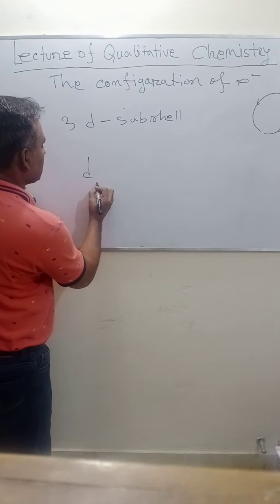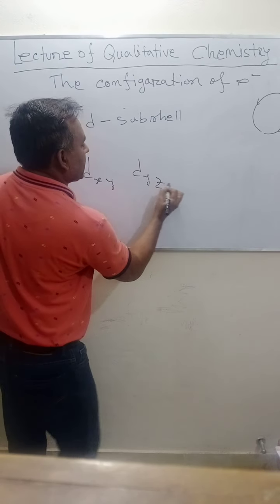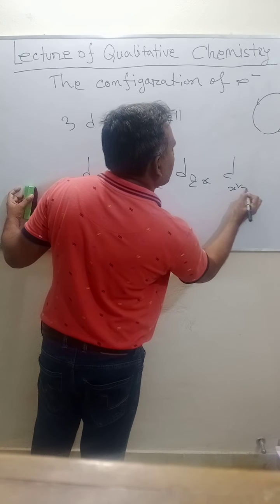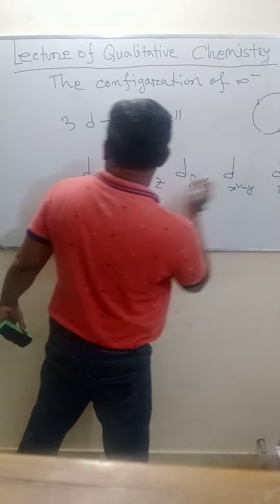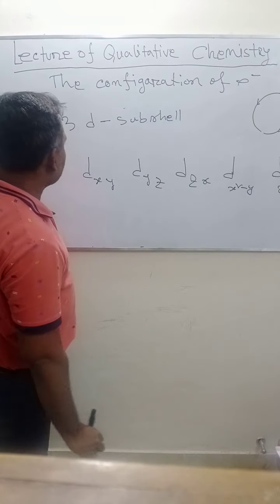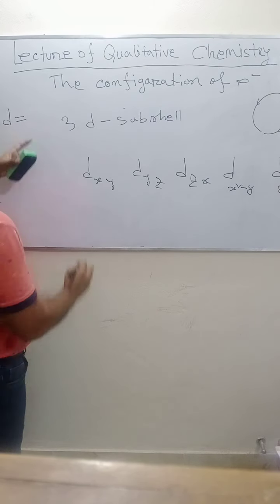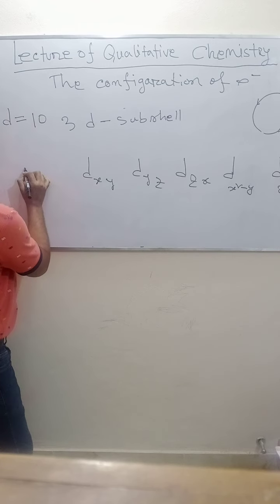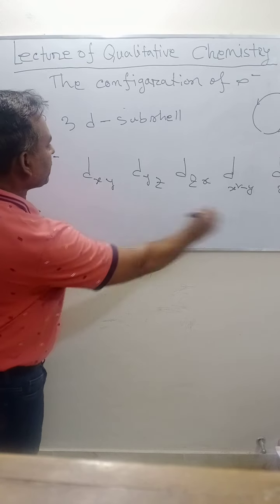One is dxy, dyz, dzx, dx square minus y square, dz square. These 5 orbitals. So you know that in a d subshell, how many electrons can be occupied? 10. So 10 electrons you distribute here.